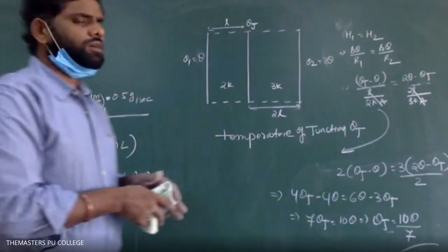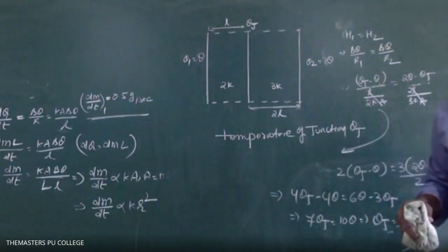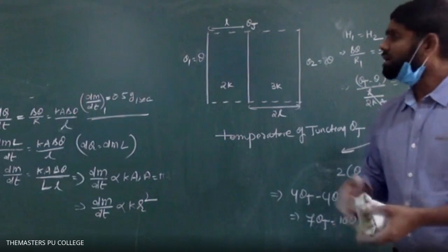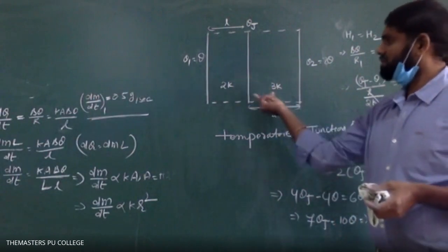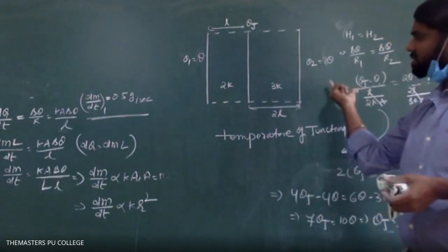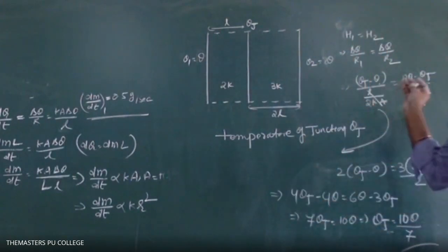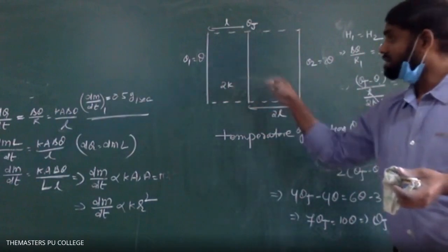So students, remember this temperature of the junction formula. If you do not remember it, no need to worry. In series combination under steady state, the rate of heat through the first rod must equal the rate of heat through the second rod, which must equal that through the third rod. We can equate the rate of heat in steady state when conductors are connected in series.